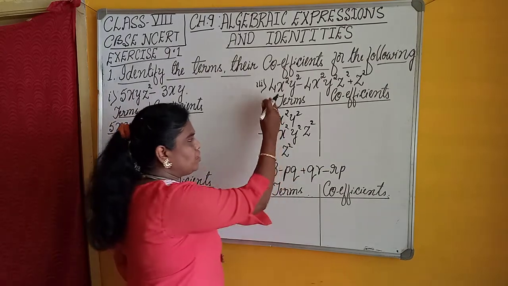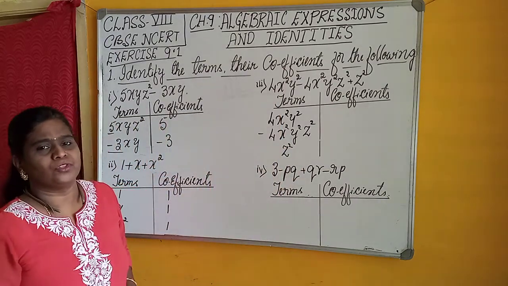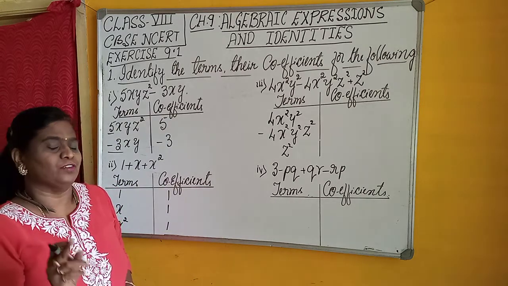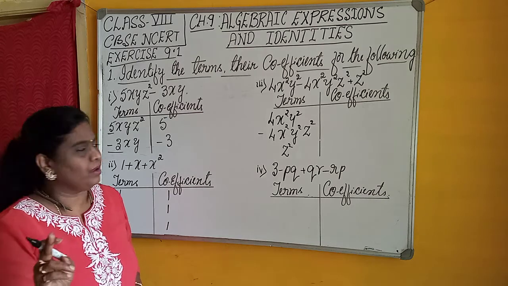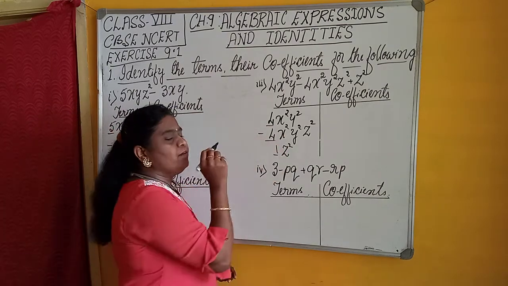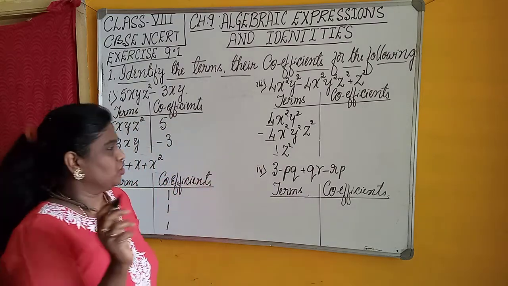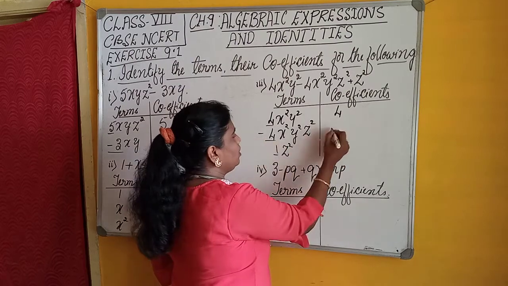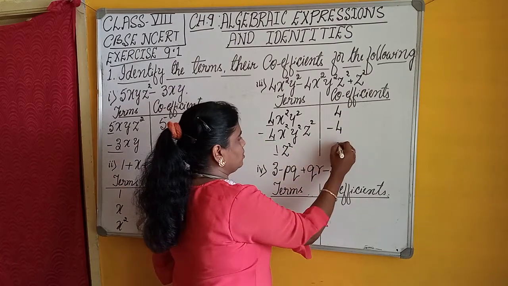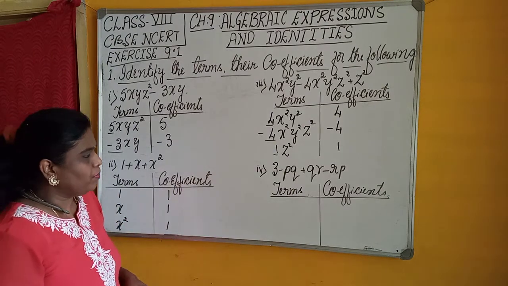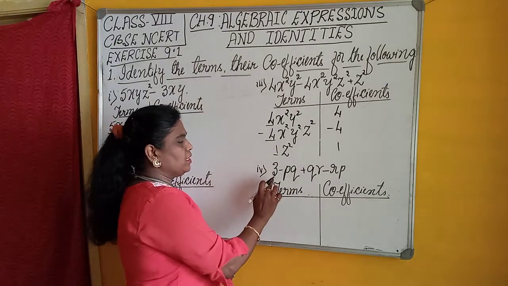You came to know that these are the algebraic terms. You have to identify the numerical coefficients. Numerical coefficients are nothing but the constants which are present in the algebraic terms. Yes, the constants here are 4, minus 4 and 1. That's all.